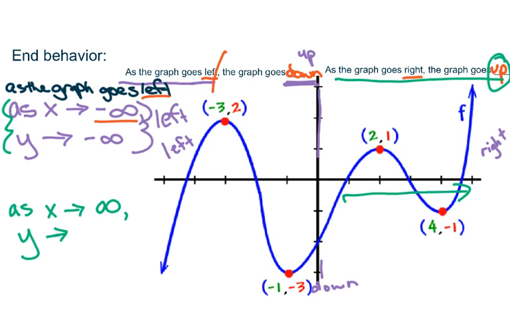We said that they were going up. Well, up on the y-axis is positive infinity. Now, in this particular situation, these are both negative infinity, and these are both positive infinity. That won't always be the case. We actually have to look at the graph to decide which direction it's going.